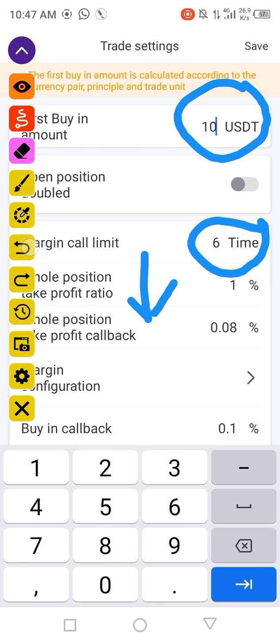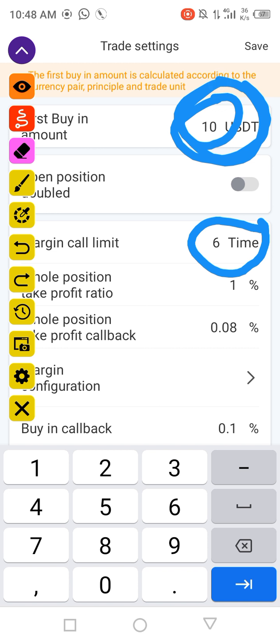All right. Let's consider somebody that's trading with 100 USDT now. The first buy-in is 10. The 6th call after the first buy-in, the 6th time it will call, will be 6 times 10, which is 60, plus the initial first buy-in, which is 70. You now have 30 USDT left. So the system will not take more than 70 USDT.